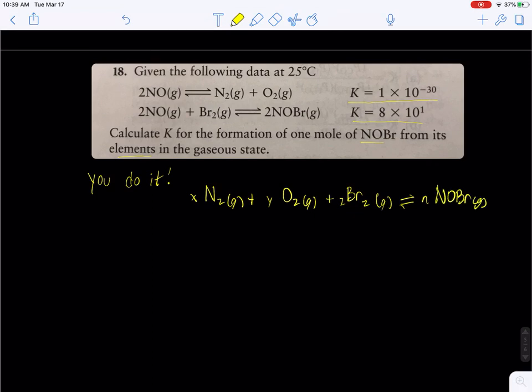Okay. And so we just want to get all of these on one side of the equation, that on the other side of the equation, and we will then be able to calculate the KEQ for this. Okay. And you can enter that into your worksheet when you're done working through this video.